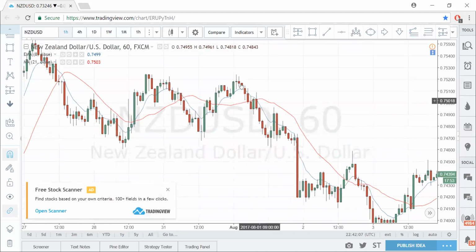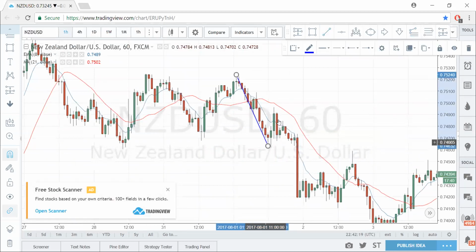Whereby the move from A to B will be the same length as from C to D. So let's say you have this move here from all the way up here to here, right? Then price retraces up to here. Price will come down again from there to here, right?